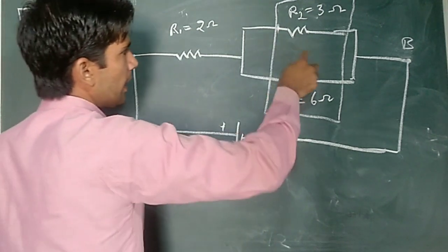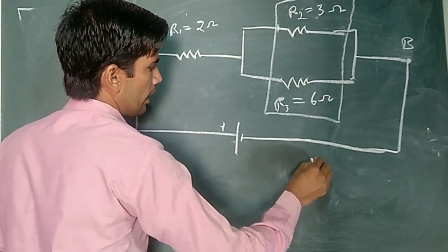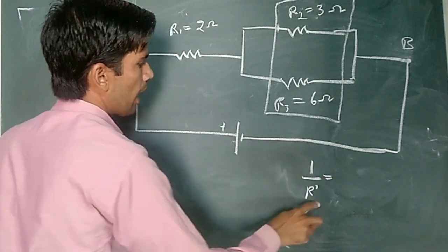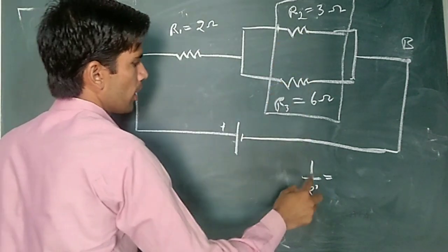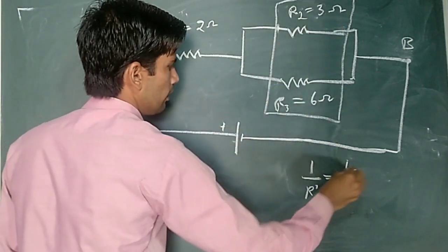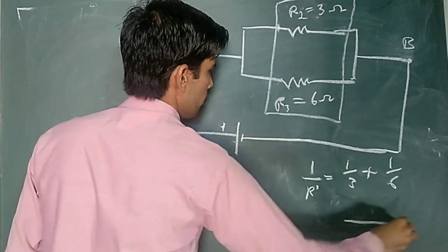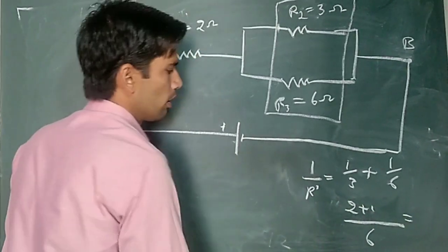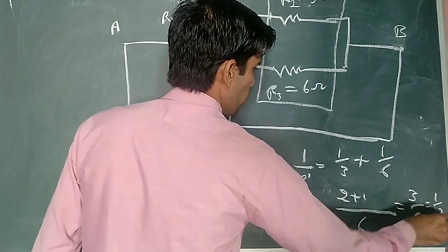Then the net effective resistance of this part, let me take it as R dash, is given by 1 by R dash, which is equal to 1 by 3 plus 1 by 6. The LCM is 6. Then 2 plus 1, which is equal to 3 by 6, or 1 by 2.